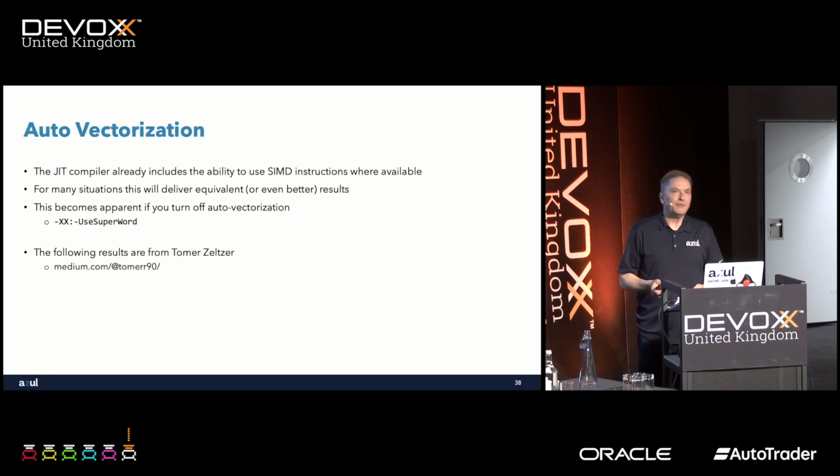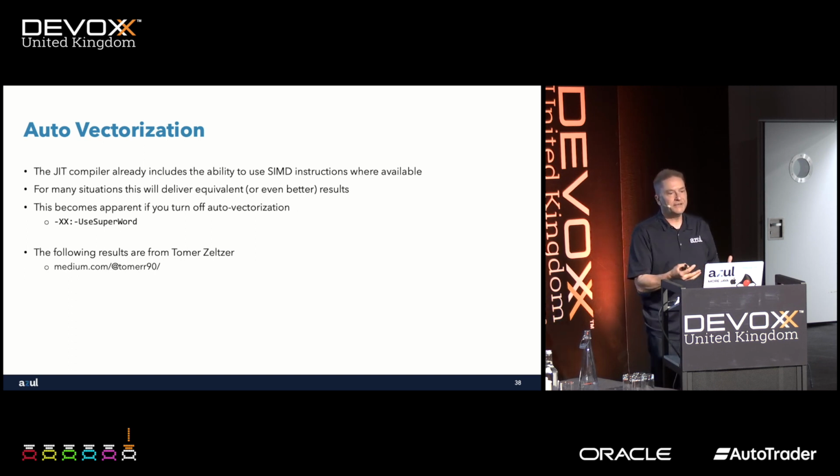Now the other thing you've got to remember is that the JIT compiler that's built into the JVM actually understands about vectors. It knows that there are vectors in the architecture and in the instruction set, so it will use them if it can. This is called autovectorization.